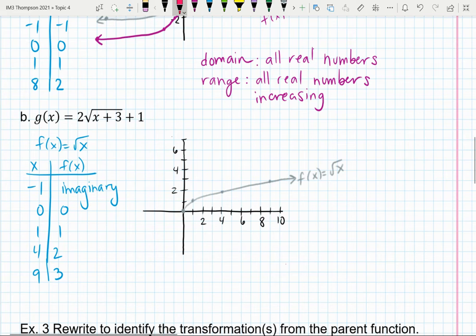When I have the argument and I multiply on the outside of the operation by 2, that causes a vertical stretch. And that's caused by this 2 right here, vertical stretch of 2.